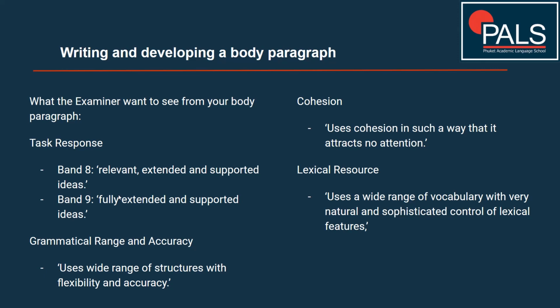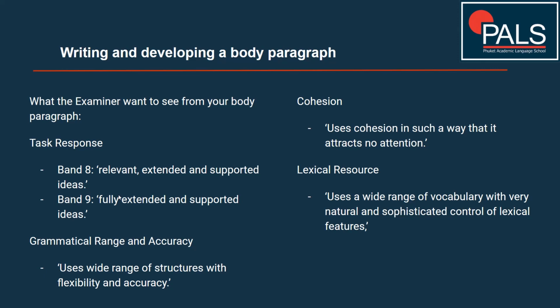Grammar, range and accuracy uses a wide range of structures with flexibility and accuracy. Okay, so you need to be using simple sentences. You need to use more than one type of those. So don't always just stick to subject-verb. Throw in a subject-verb-verb sentence, or a subject-subject-verb sentence, or even a subject-verb-verb simple sentence if you can.